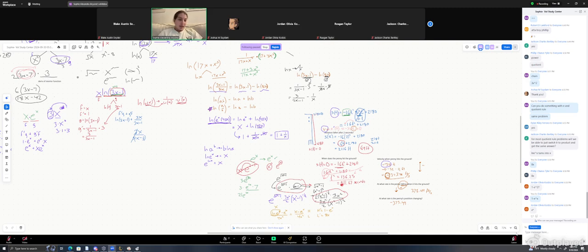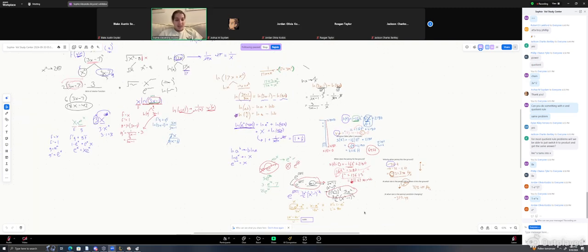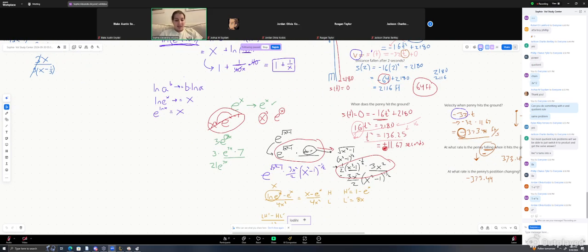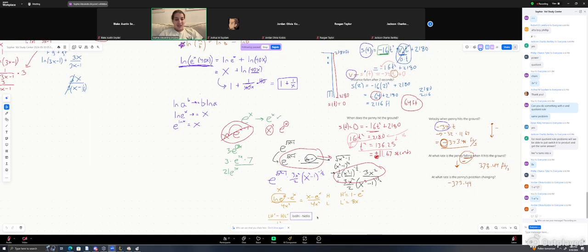Okay. Now that's kind of like a song to me, like low D high minus high D low all over low squared. So if that helps you, go for it, because this is the only way I've ever memorized it.